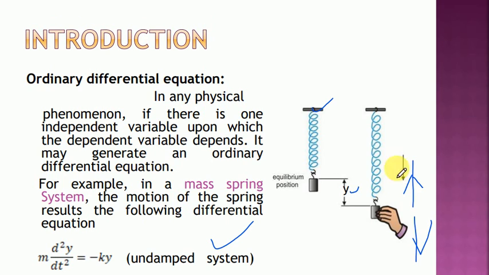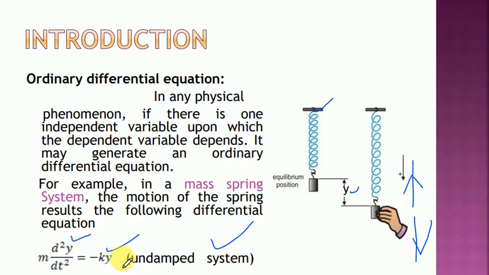The upward force is due to the rigidity or the elasticity of the spring, and it is the right hand side, and the downward force is due to the acceleration, and this is the left hand side force. So both forces are equal but in different directions.